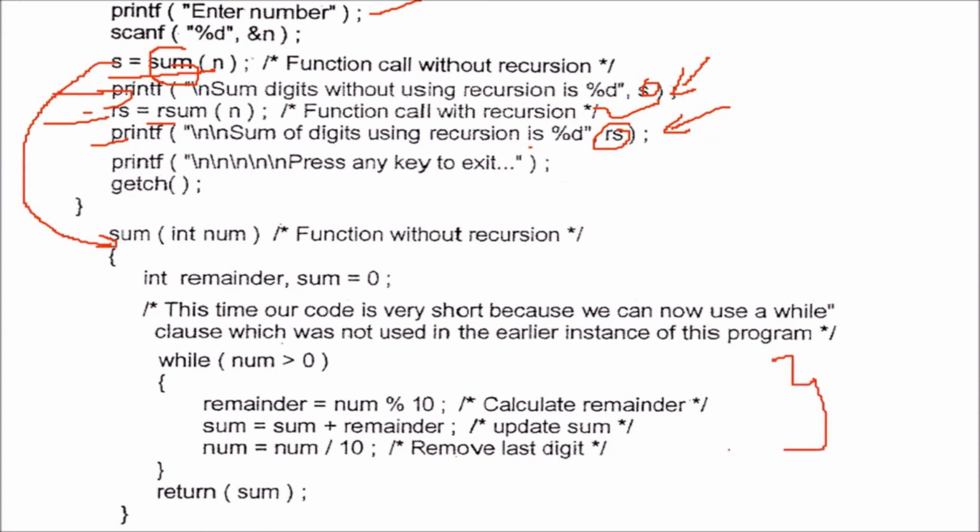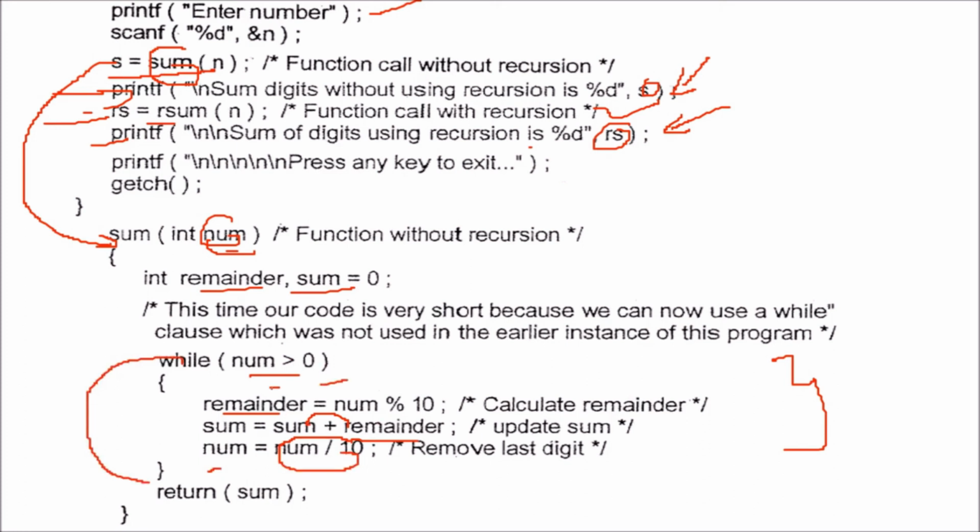We have already seen this function, but we wrote it in a stretched way for every value, say 5-digit, 4-digit. Now we are making it generalized, and it is going to work for each and every value. So now we pass num, and we take the remainder and sum. While this number is greater than 0, we take the remainder, add the remainder to the sum, and again divide the number by 10, and do it till we reach 0.